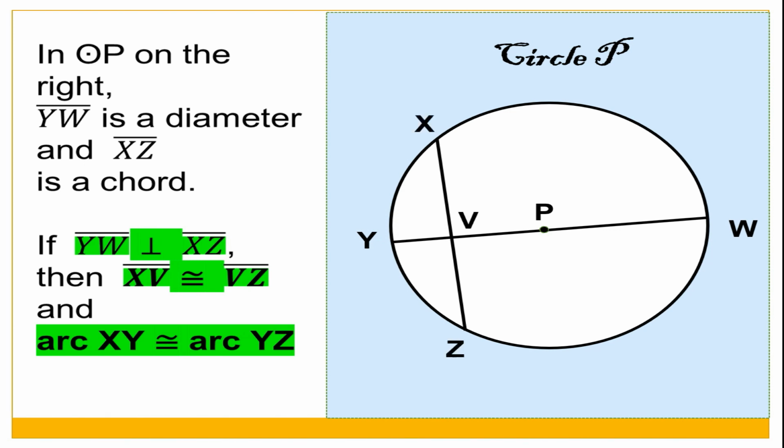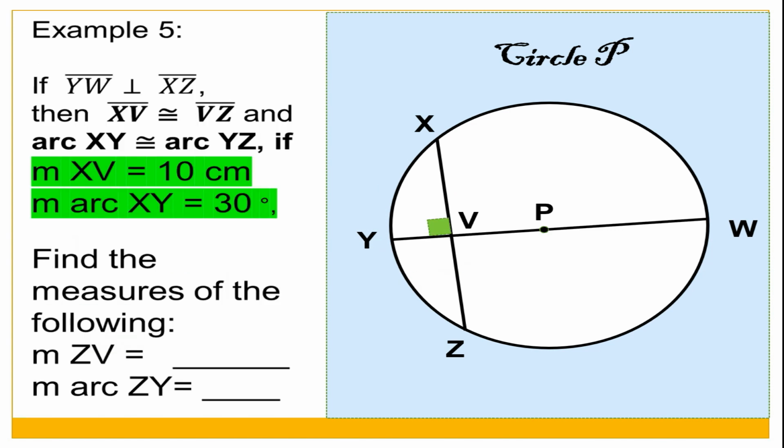If line segment YW is perpendicular to line segment XZ, then line segment XV is congruent to line segment VZ.